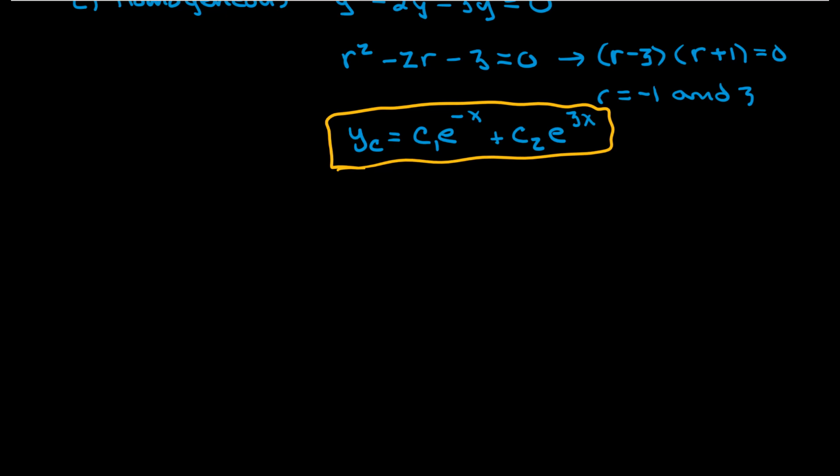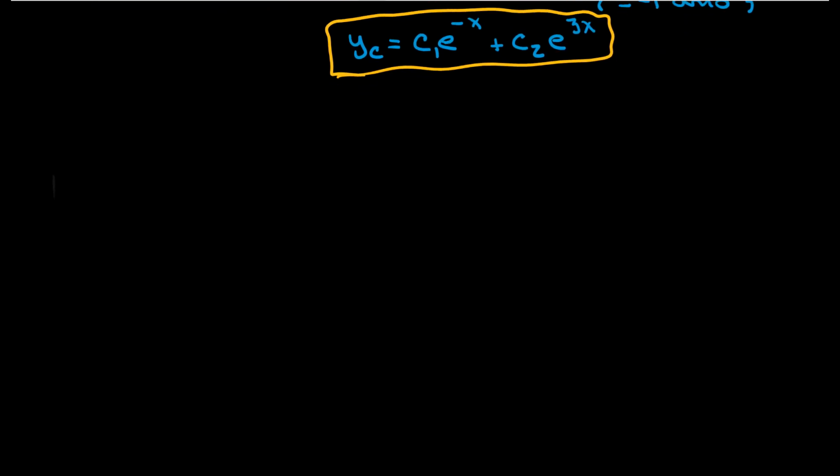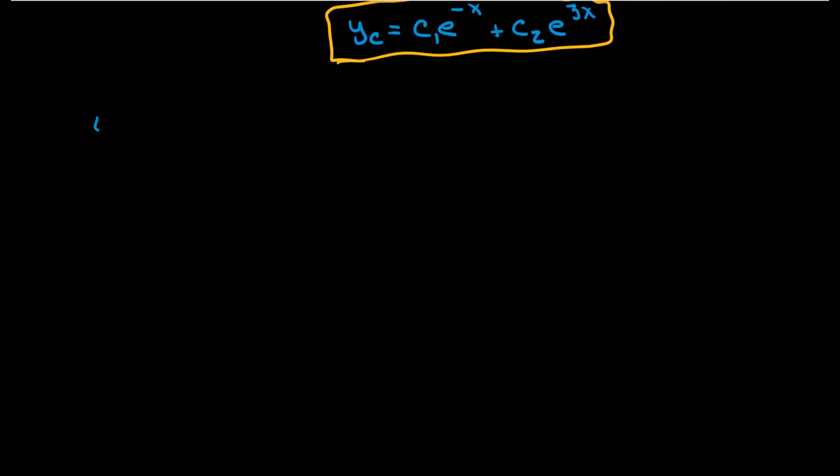Okay, so now we're going to go for a particular solution. And in this case, we're going to solve it as the non-homogeneous equation. In working with the particular solution, we now have our equation y double prime minus 2y prime minus 3y equal to 2x minus 4 plus 5x e to the 2x.